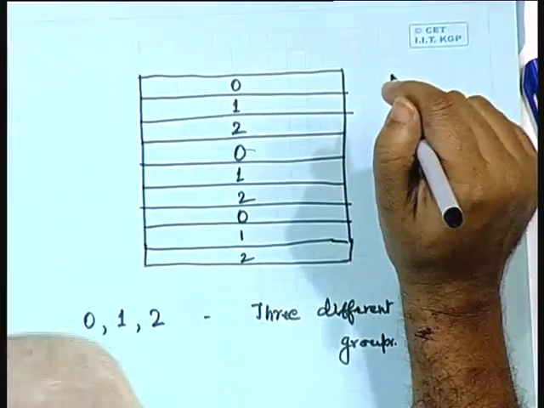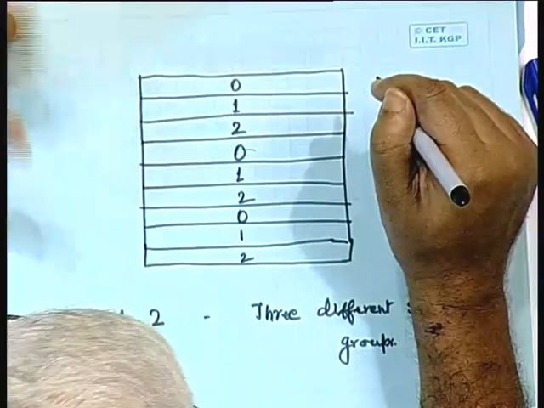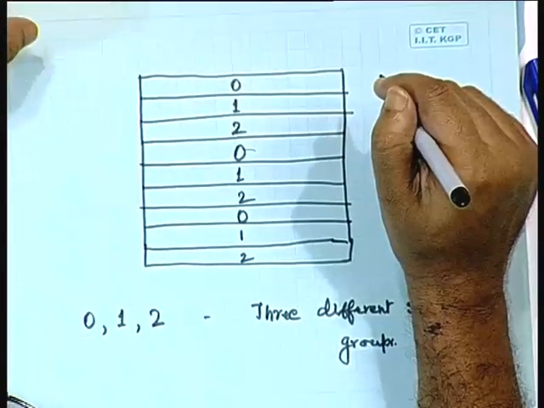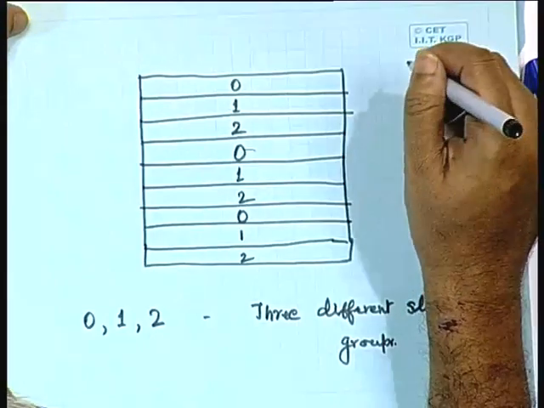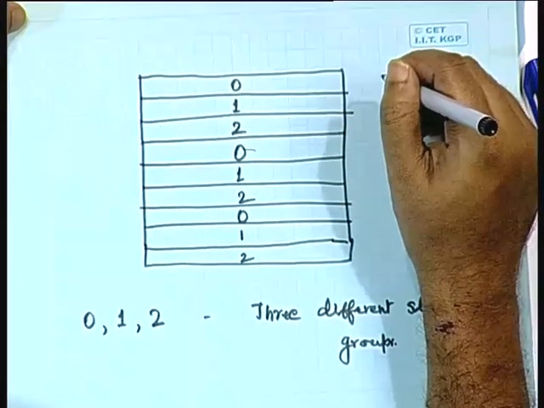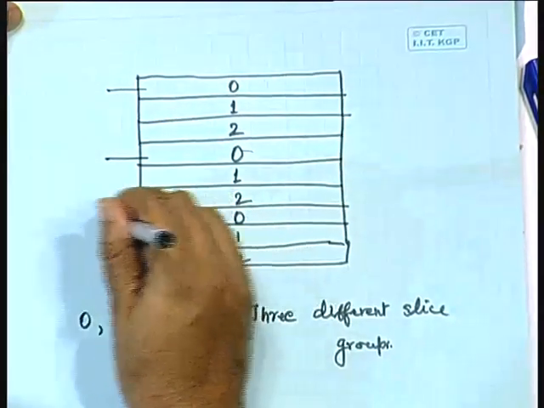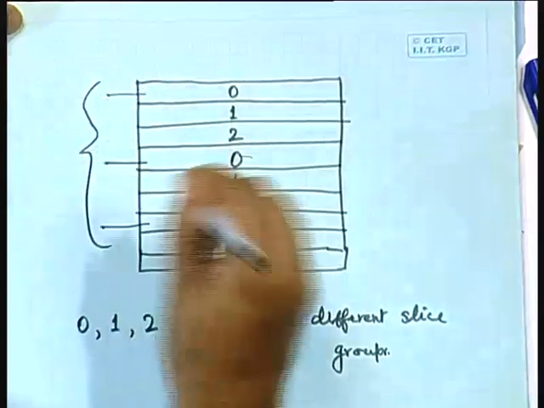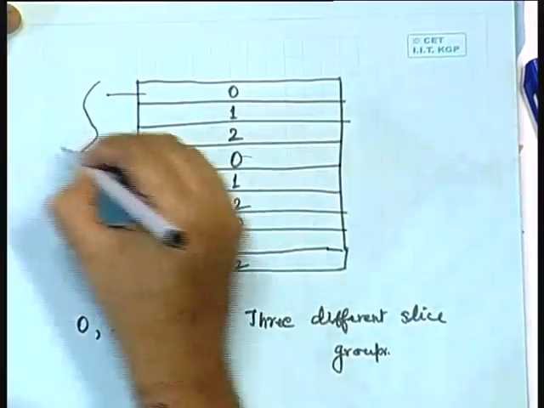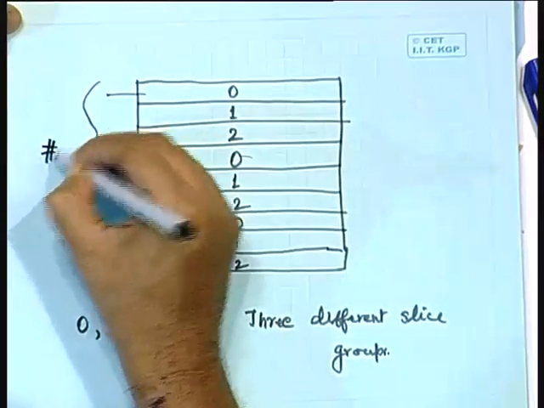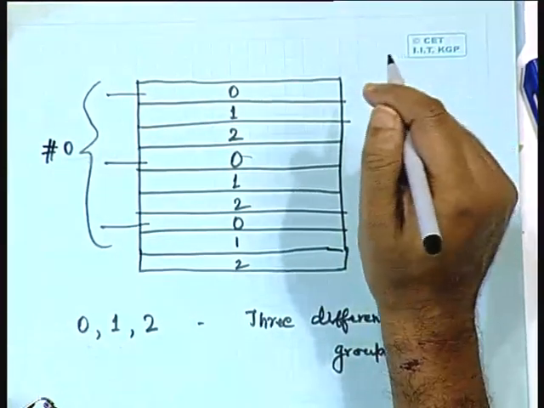So if I now talk of slice group 0, what am I referring to? If I say I want to transmit slice group 0, I am taking this slice, this slice, and this slice. These three together form slice group 0.